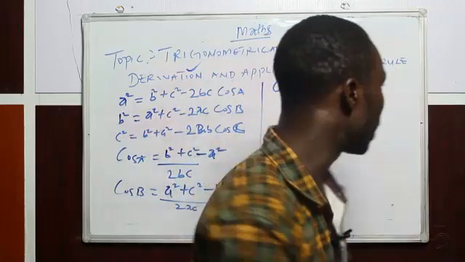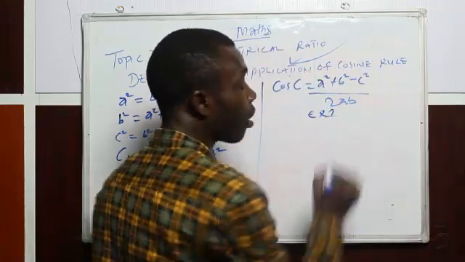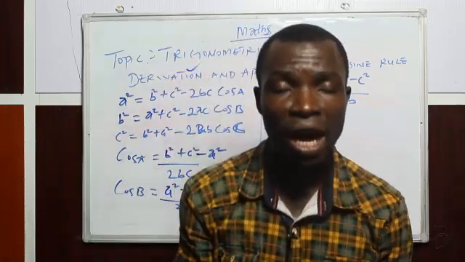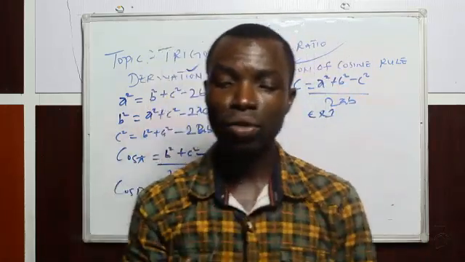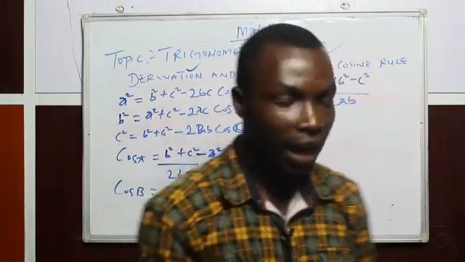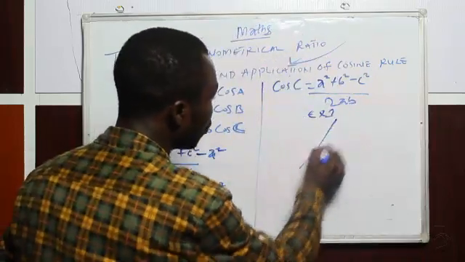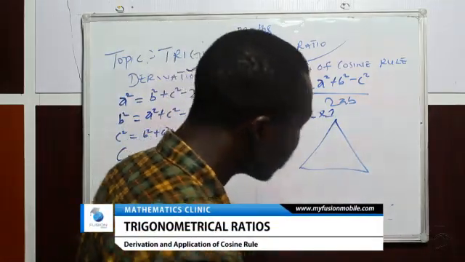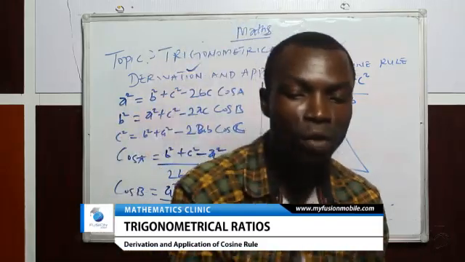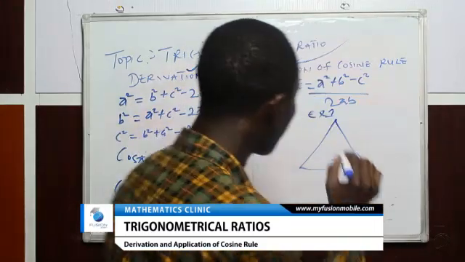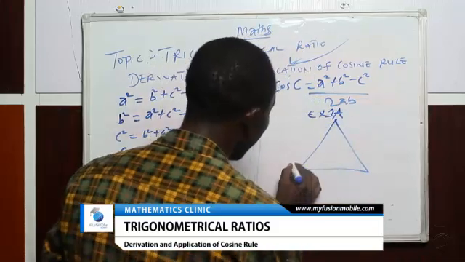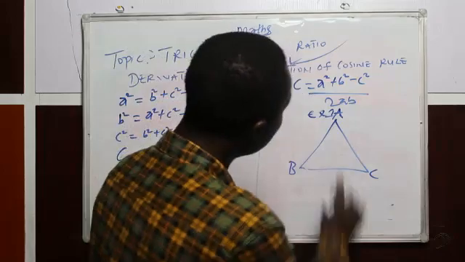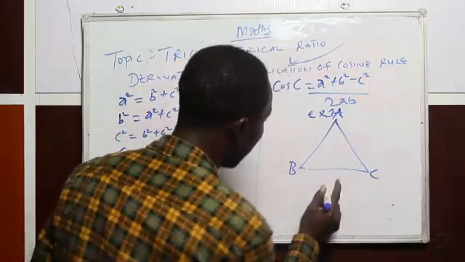Find the angle, example 1. Find the angle of the triangle with the following dimensions. First thing, we have to draw our triangle like this. Make sure that our triangle is A, B, C. Now, what is the side a?